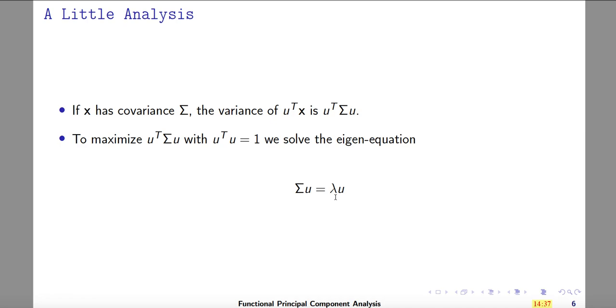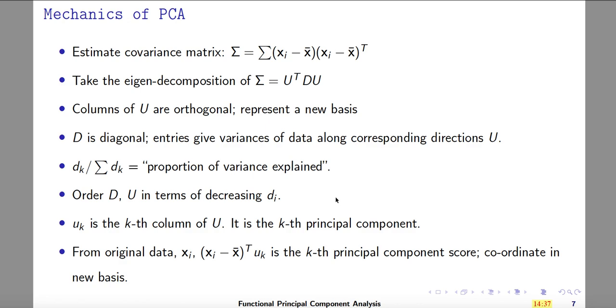Now, knowing this principal component, let's look at some more background of principal component analysis. When we estimate the principal component, basically first we estimate this covariance matrix capital sigma. Here X is actually the vector. This is the definition of the sample estimation for the covariance matrix, and then we can take the eigendecomposition of sigma.